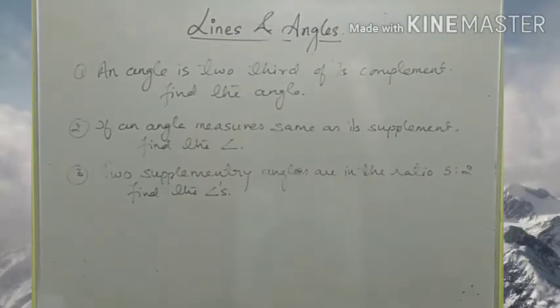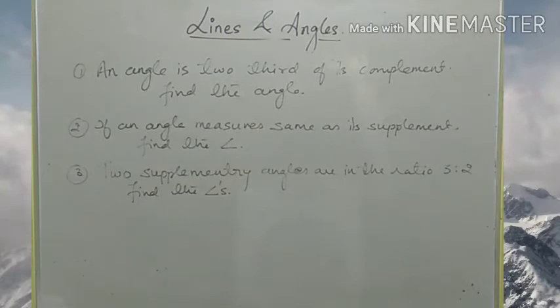Depending on the complement and supplement property, we have some problems. An angle is 2/3 of its complement. Find the angle. What is that? An angle is 2/3 of its complement. है ना? So what is given to us?